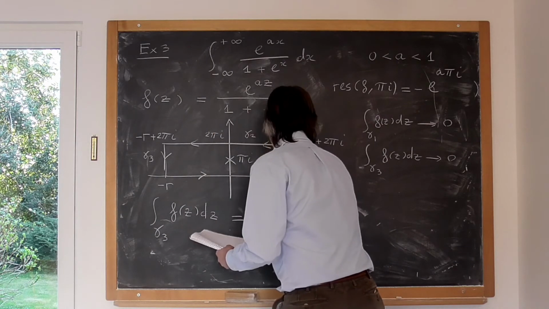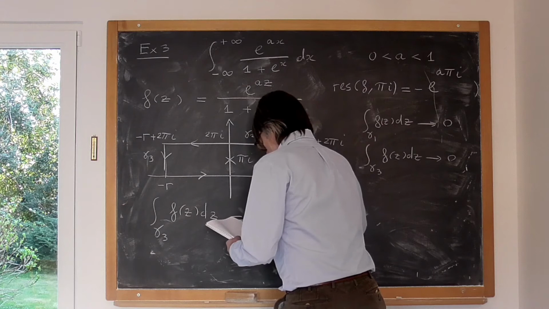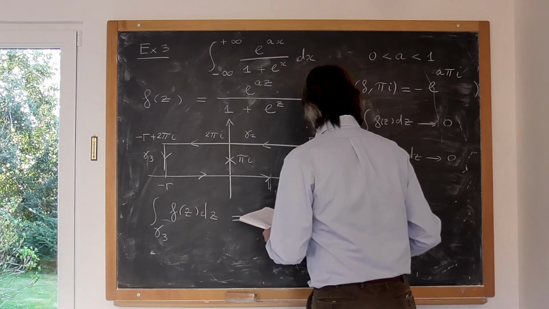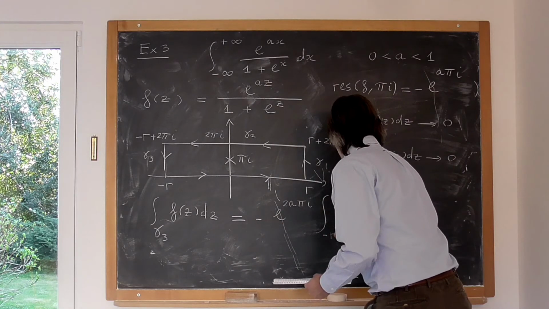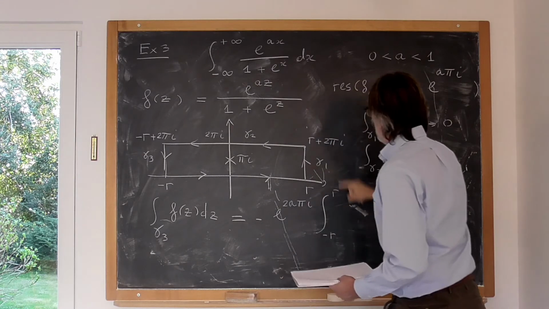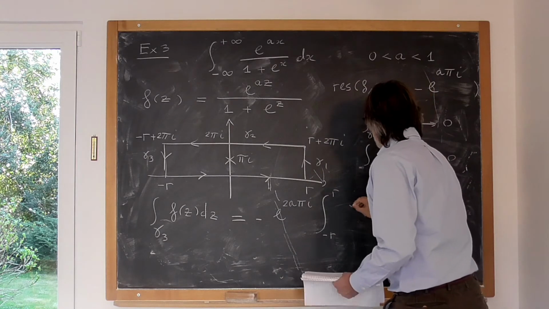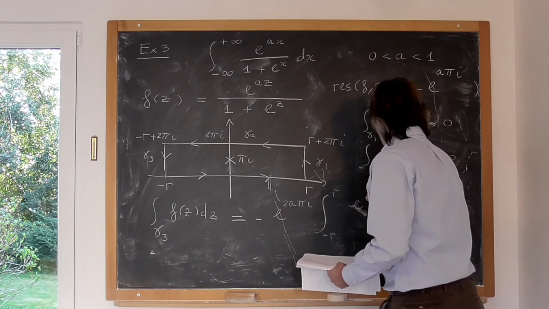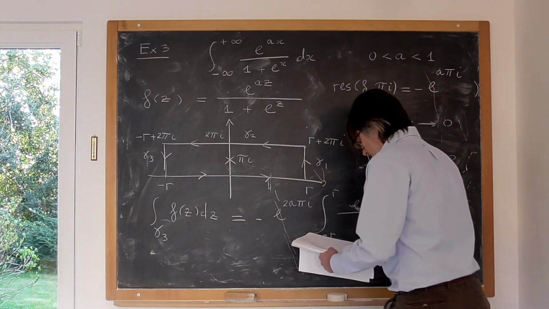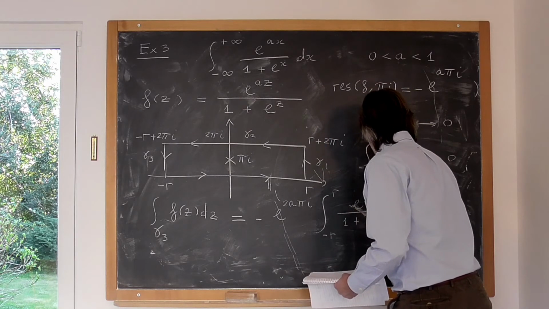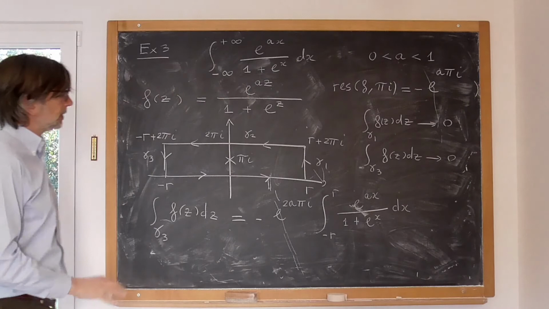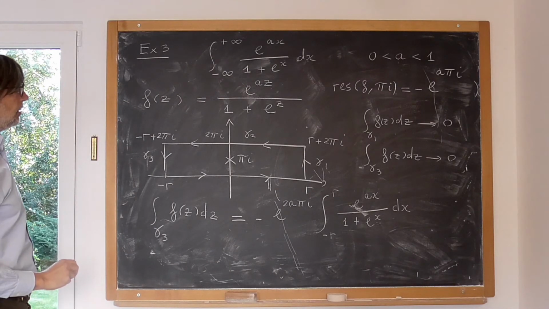This is minus e to the 2a pi i times the integral between minus r and r, the integral we are interested in, so e to the ax divided by 1 plus e to the x dx. Okay. Now here one has all the information to conclude the computation.